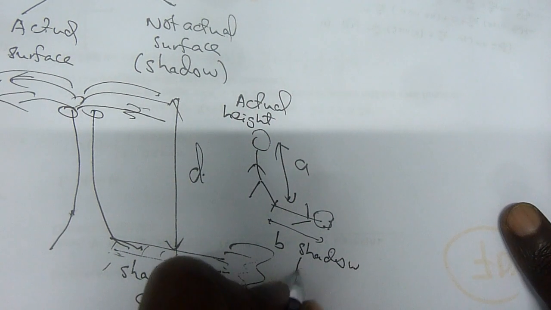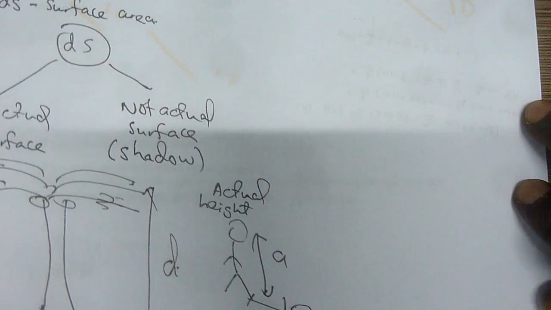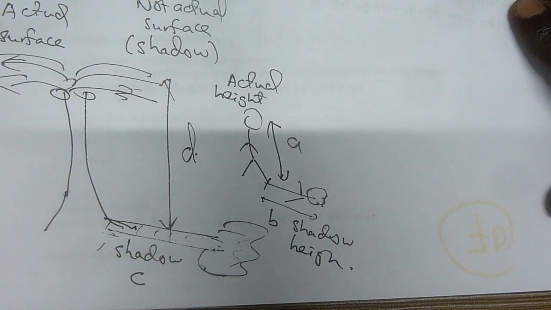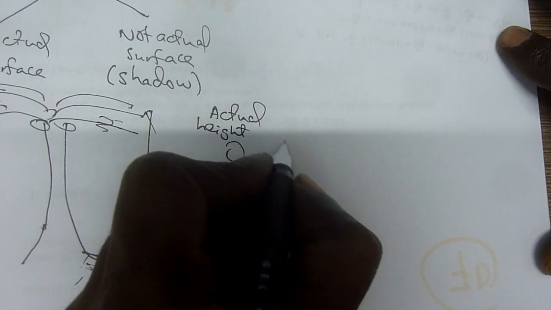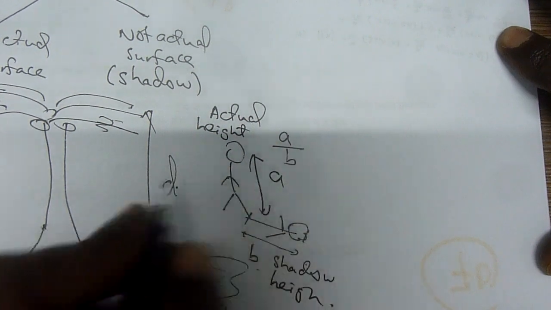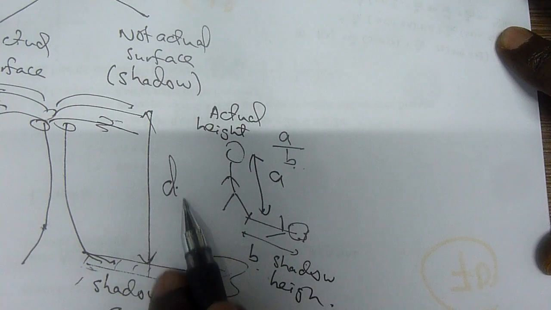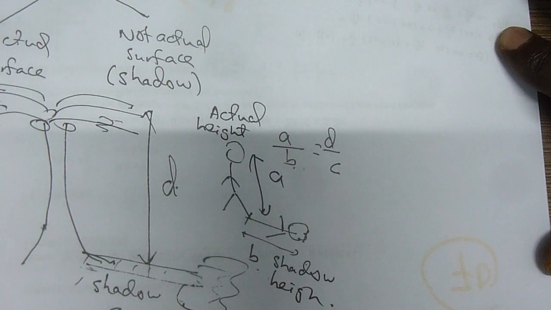Can I calculate now? Can. How? A divided by B, your shadow, is equivalent to D divided by C.